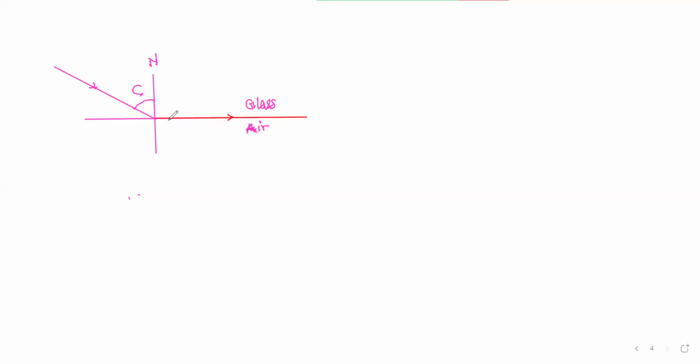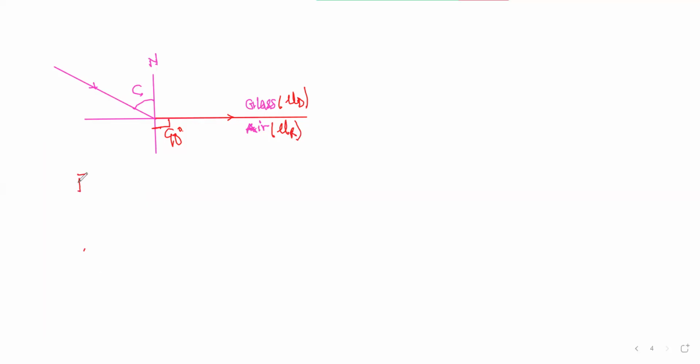So we have this as 90 degrees. Let's assume the refractive index of glass is mu D and the refractive index of air is mu R. The D suggests denser medium. R suggests rare medium or less dense medium.